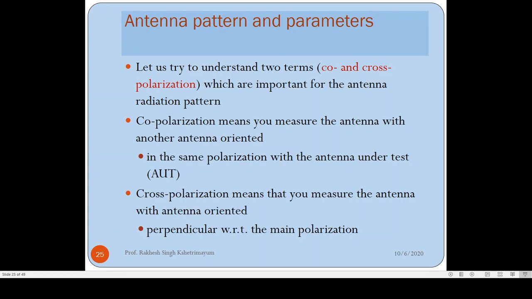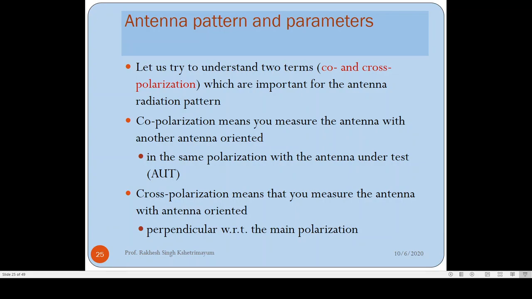In the cross polarization case, your transmitting antenna and receiving antenna will not have the same polarization. Cross polarization means you measure the antenna with the antenna oriented perpendicular to the main polarization. The antenna you are using as transmitting antenna and the antenna you are using as receiving antenna would have perpendicular polarization in that case.